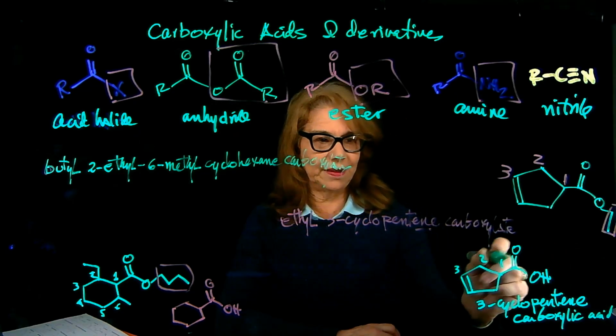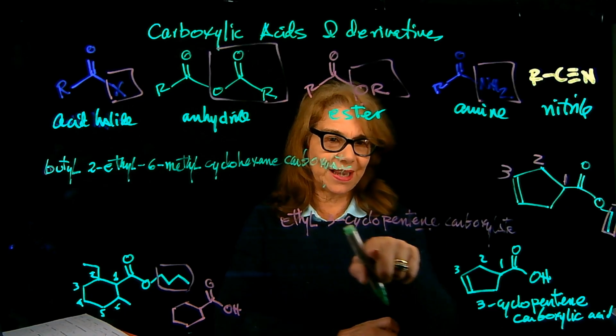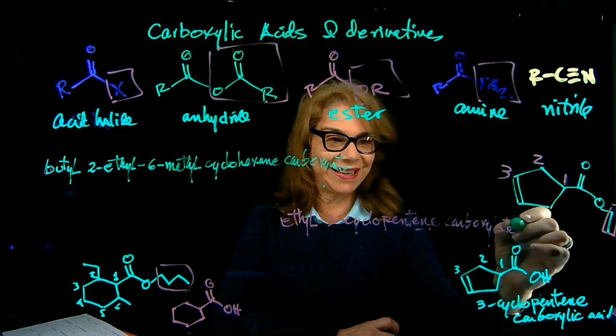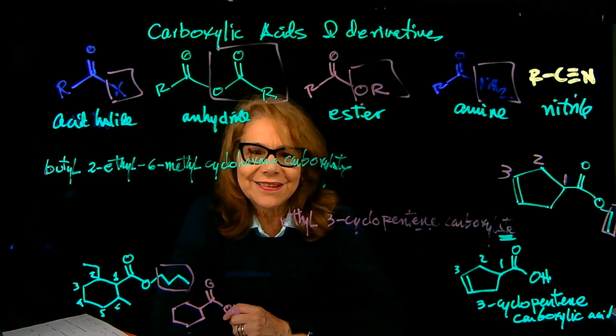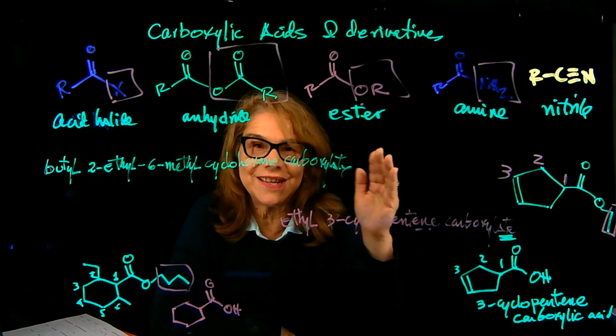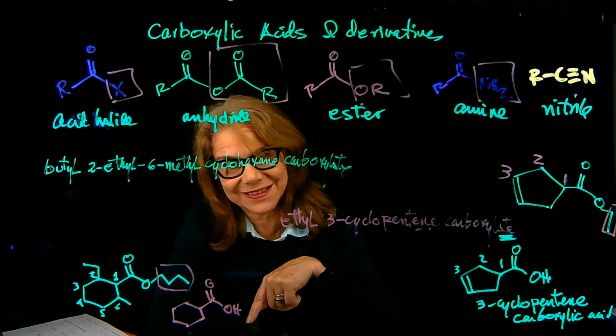And now what I did is I listed the ethyl first, so ethyl, and then cyclopentene carboxylate. It's no longer a carboxylic acid. All right, so we're going to continue naming other functional groups in the family of carboxylic acid and derivatives.